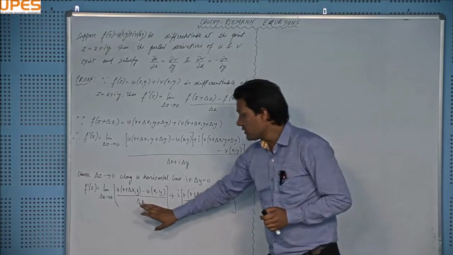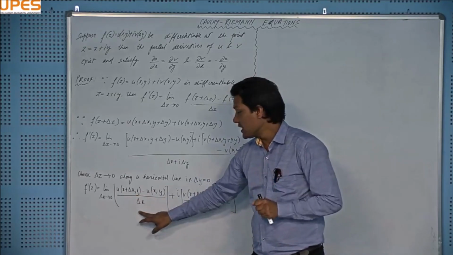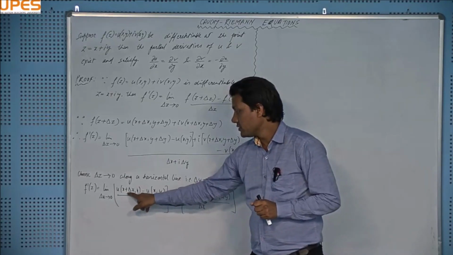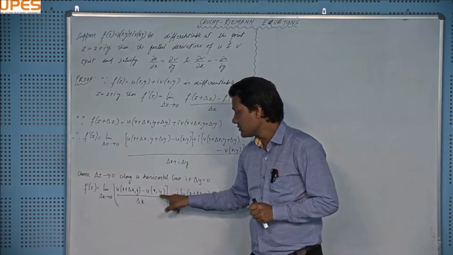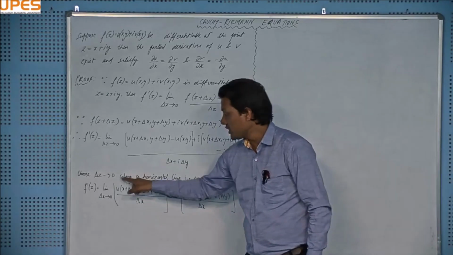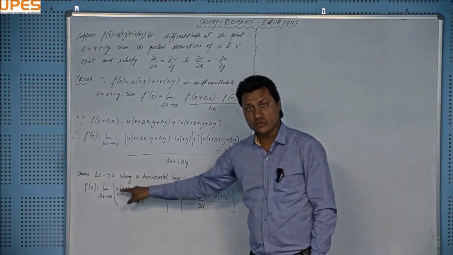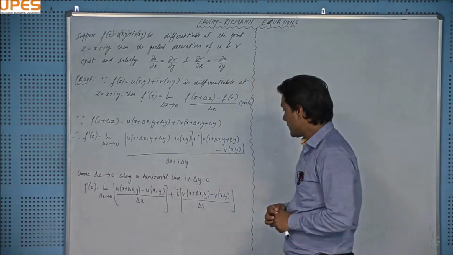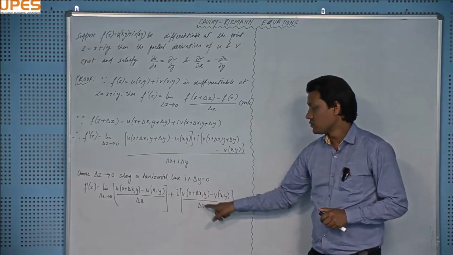And this is indeed the partial derivative of u with respect to x, because you can see that there is an increment for x only, y is fixed, and that's why we have divided by the change delta x. So this is del u over del x, the partial derivative of u with respect to x only, and this is the partial derivative of v with respect to x only.